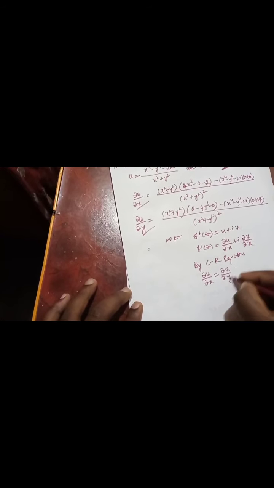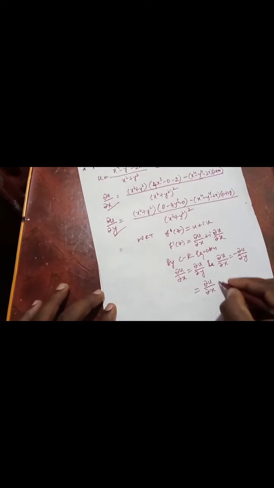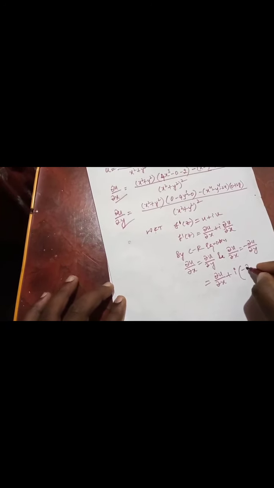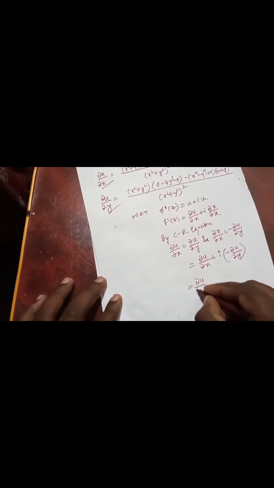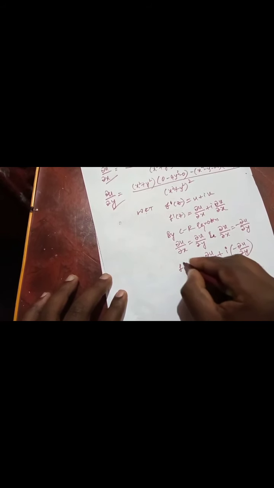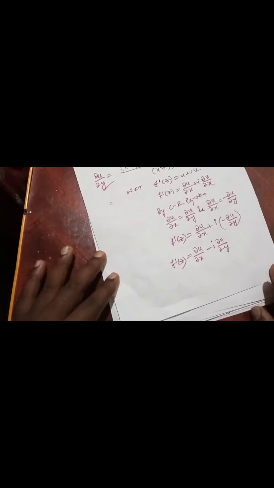Dou u by dou x equals dou v by dou y, and dou v by dou x equals minus dou u by dou y. Write dou u by dou x as it is, plus i into, in place of dou v by dou x, we write minus dou u by dou y. So f dash of z equals dou u by dou x minus i into dou u by dou y. This is our f dash of z after replacing by the CR equations.